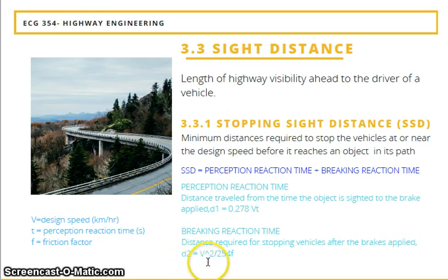D2 equals V squared over 254F, where F equals the friction factor. So SSD equals D1 plus D2.